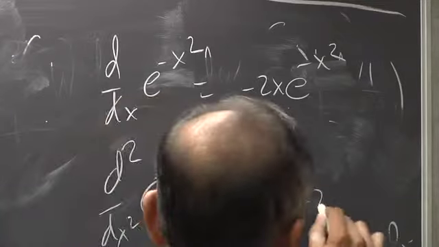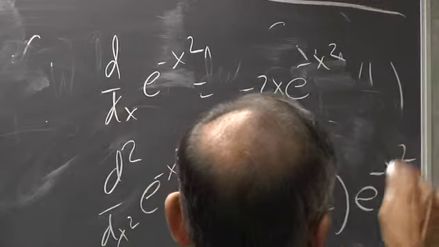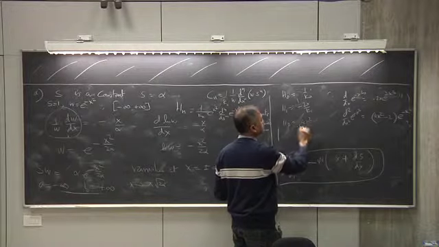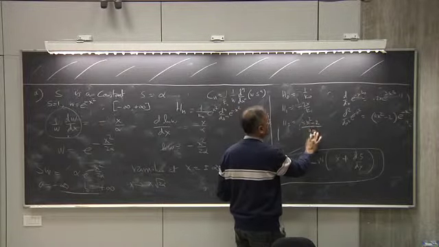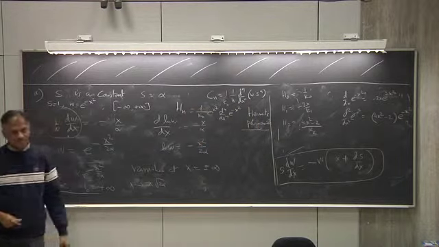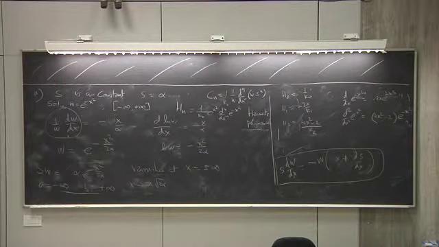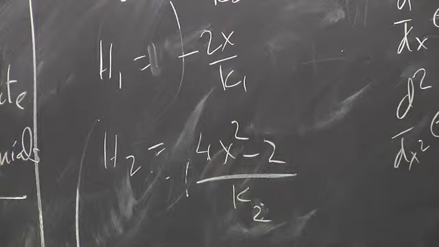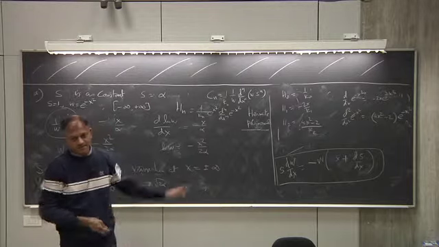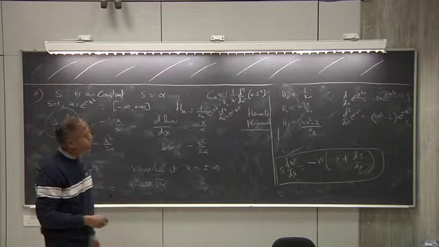So 4x squared minus 2 times e to the minus x squared. So h2 is simply 4x squared minus 2 divided by k2, and so on. You keep going like that. So these are the Hermite polynomials, up to an overall constant. In the quantum mechanics application, you normalize them, right? So kn is then determined by the normalization condition. But at this stage, we don't worry about that.